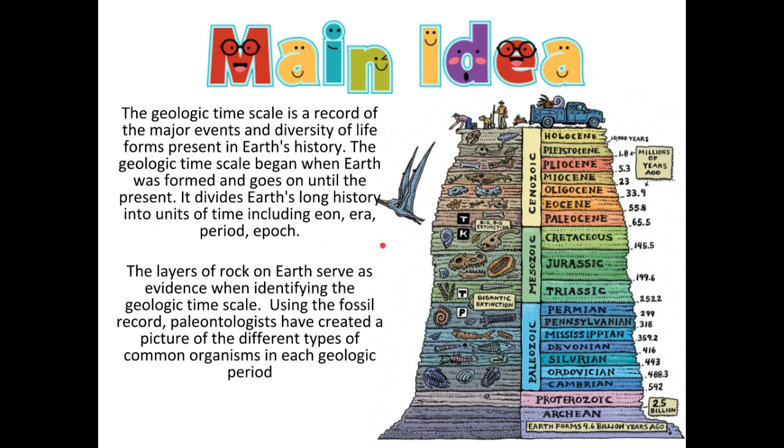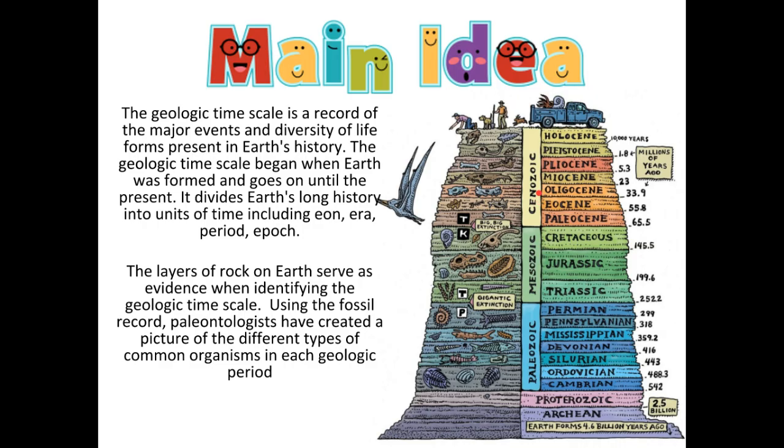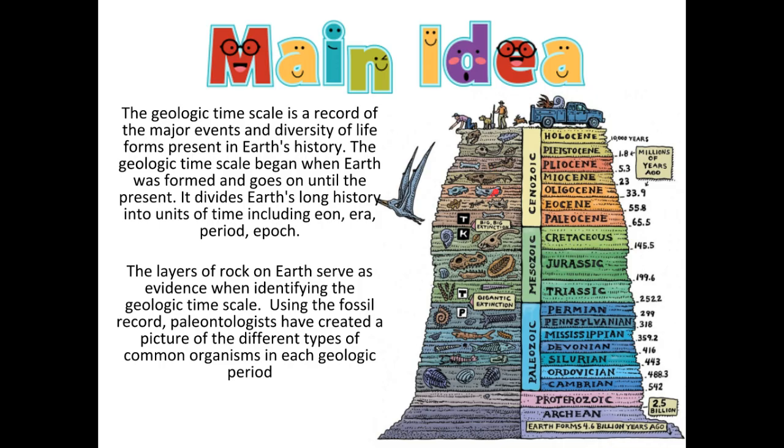So, what's great about this picture is it shows some major time periods of Earth's history, such as the Paleozoic Era, the Mesozoic Era, and the Cenozoic Era. It shows you some common index fossils or organisms that existed during these eras, such as the Paleozoic era has a lot of marine-like organisms in the lower layers, and then we see more dinosaurs in the Mesozoic era, the middle layers, and then more mammal-like organisms in the more recent layers, and then here we are today.